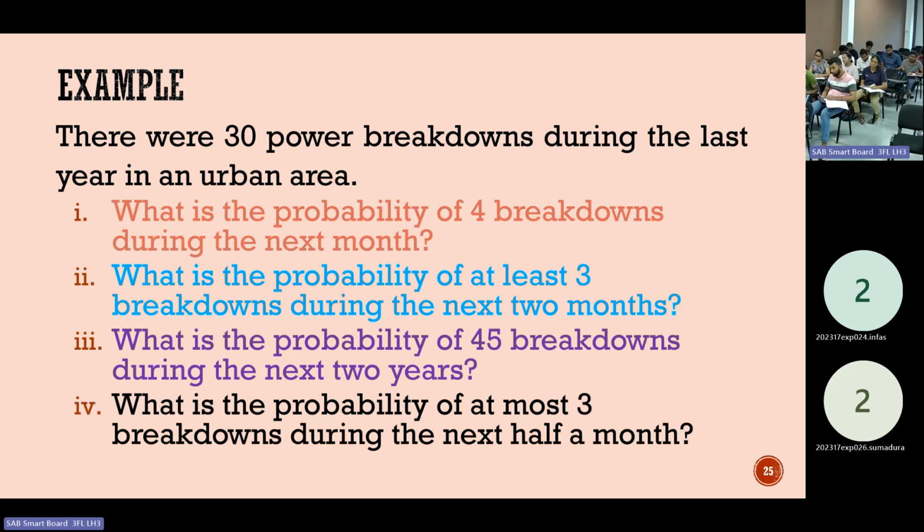There were 30 power breakdowns during the last year in an urban area. What is the probability of 4 breakdowns during the next month?